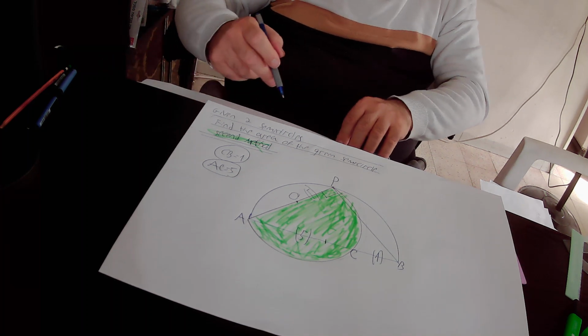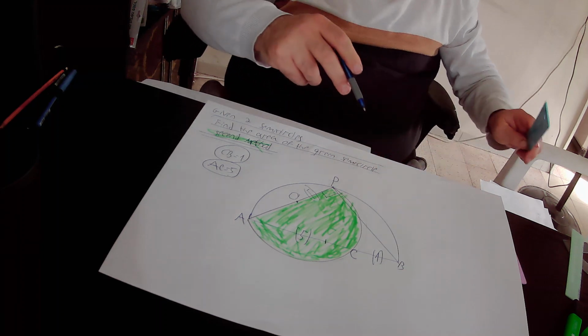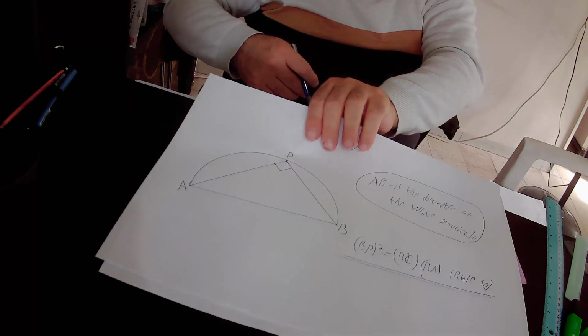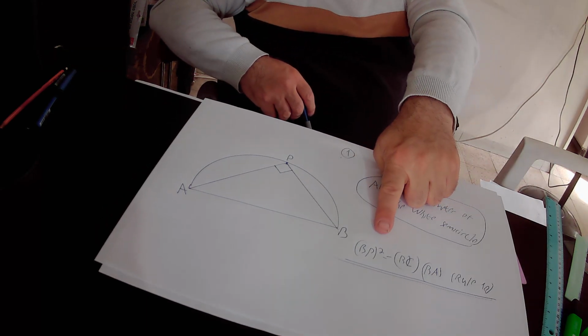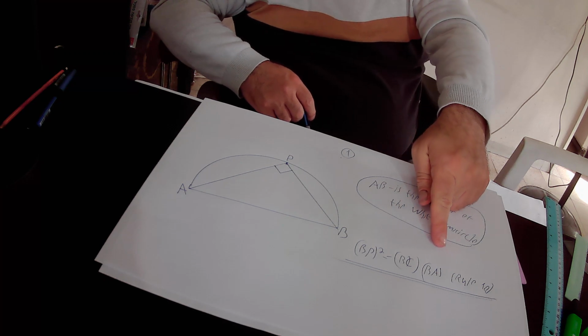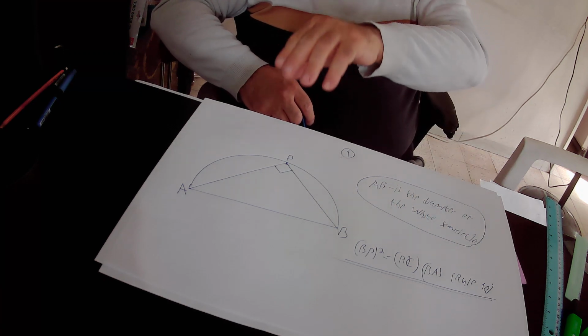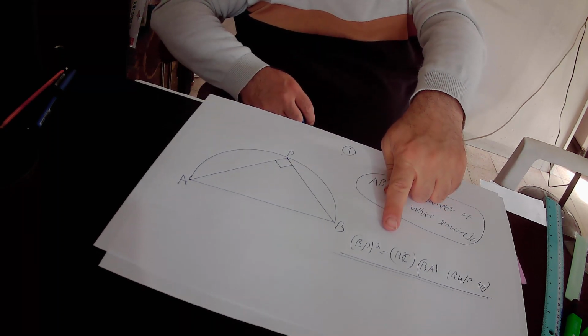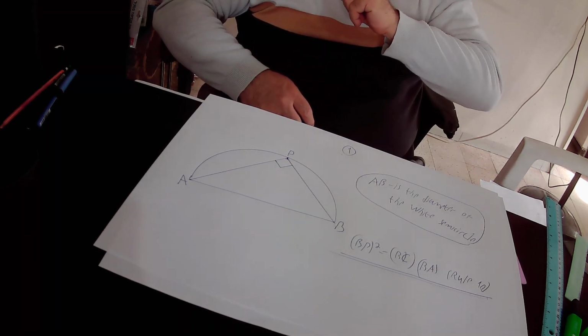Repeating again, if we focus on point B, the following equation will be true according to rule 10: BP square equals BC times BA. This equation is the implementation of rule 10 in our drawing.